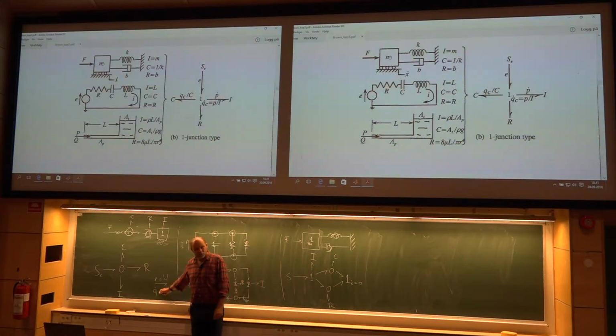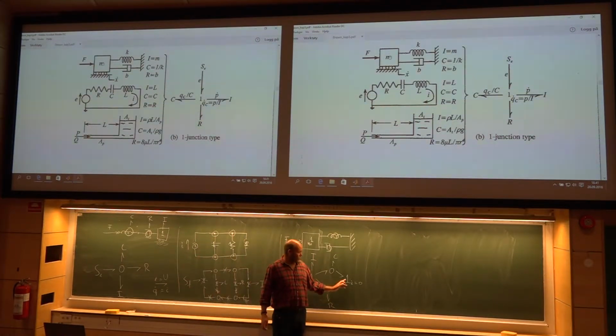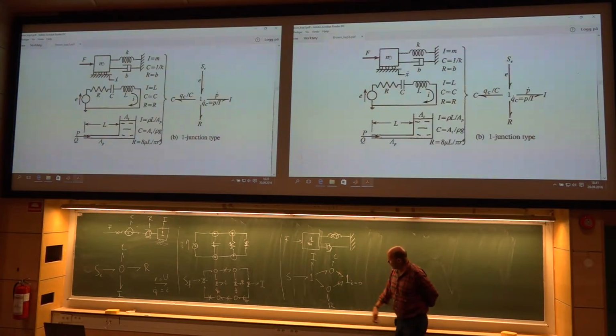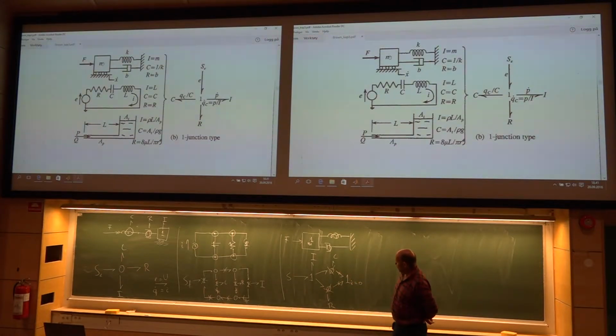But when the velocity is 0, the total power entering or exiting this wall is 0, so we can remove it. So no power in this bond or in this bond, since the velocity is 0. Then for these 2 zeros here, both of them have only 2 bonds. They can be removed. And we are left with what?